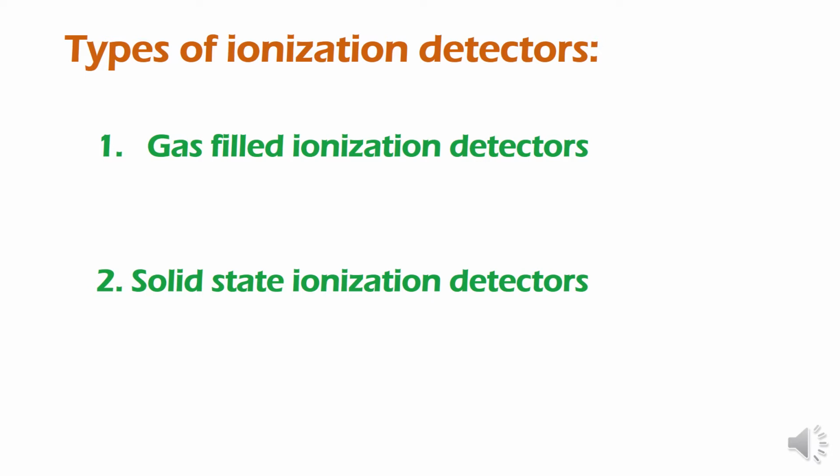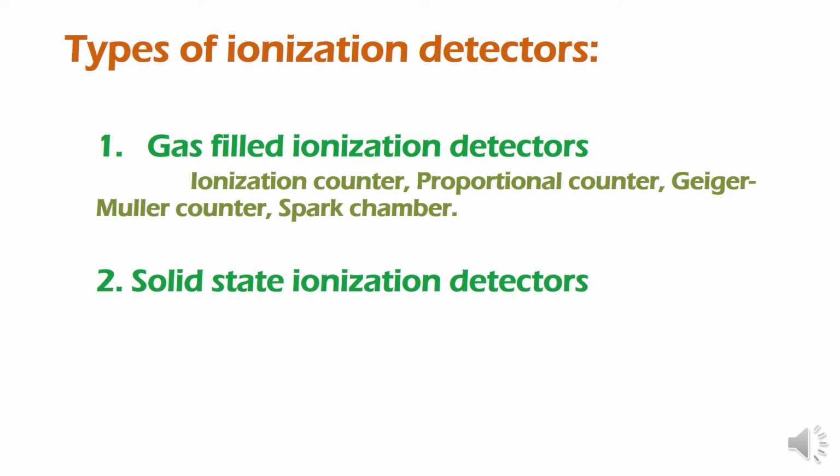So we have two types of ionization detectors: gas-filled and solid-state. Examples for gas-filled ionization detectors are ionization counter, proportional counter, Geiger-Müller counter, spark chamber, etc.